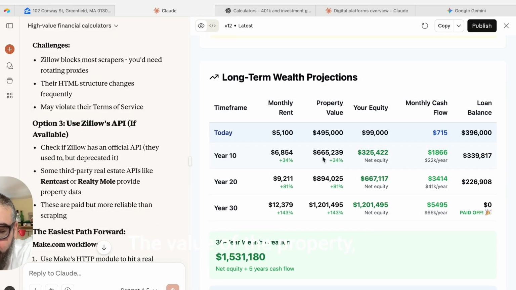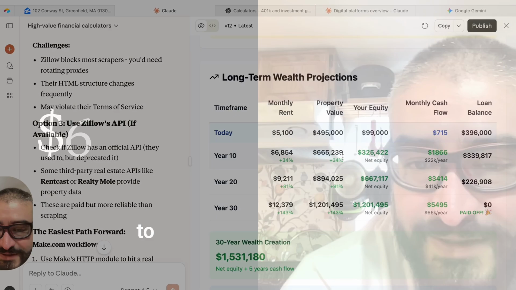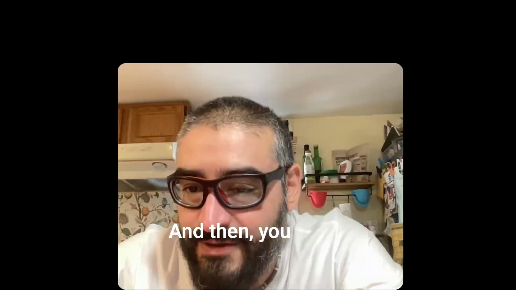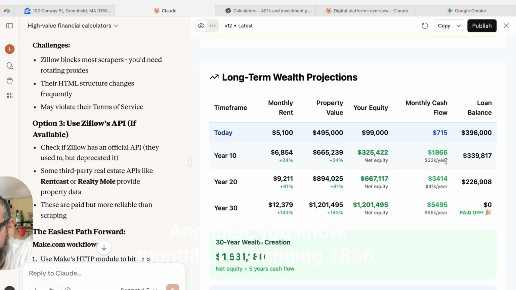The value of the property, this might be a little extreme, but the value of the property would have increased to 665. And then, monthly I'm bringing in 1,866.